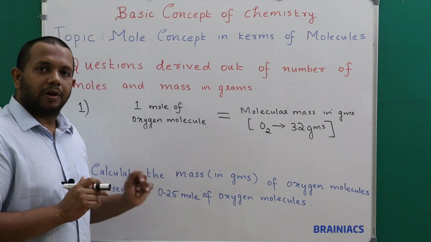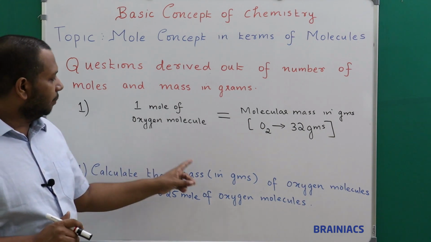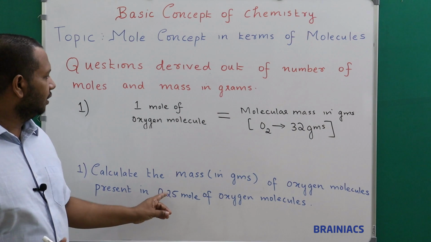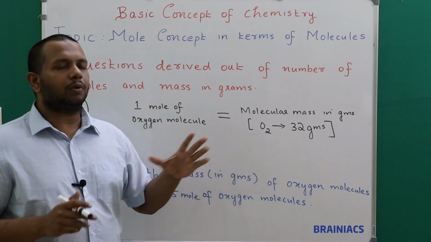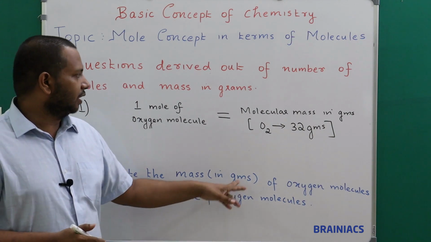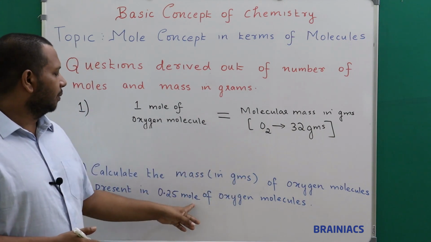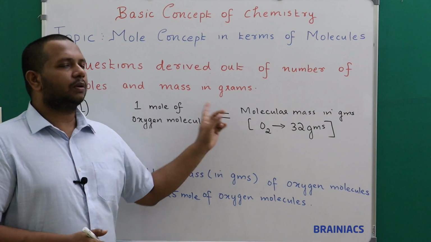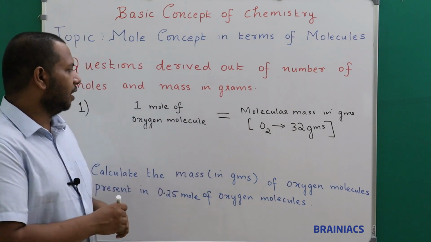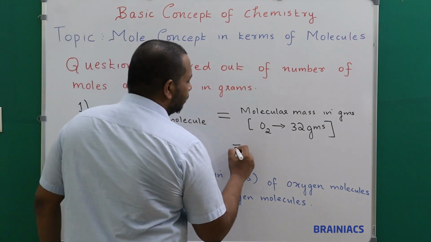Okay, I hope now you can read the question. Calculate the mass in grams of oxygen molecules present in 0.25 mole of oxygen molecules. Now again please think what is the relationship: mass in grams, and the next one is number of moles. So the equation remains the same. What is given here? They are asking you the mass in grams. So here I need to put the question mark.